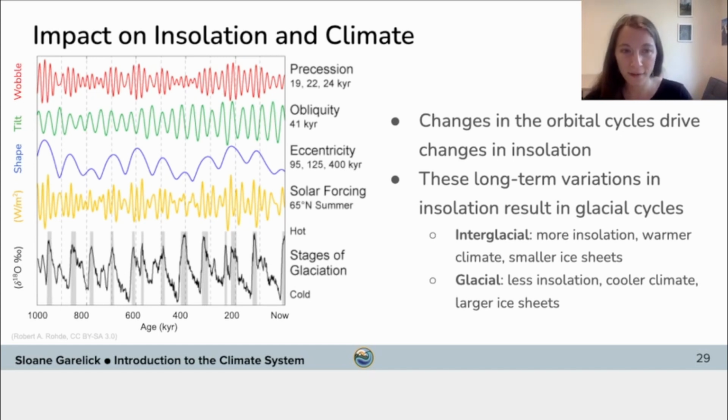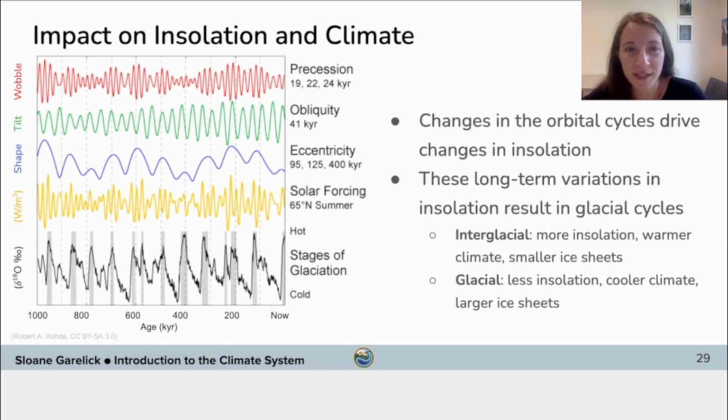The black curve on the bottom is a record of glaciation. The actual data represented by this curve is a measurement known as the delta 18O, or the oxygen isotope ratio. We'll learn more about this later this week, but for now, it's just important to know that this measurement represents changes in temperature, reflecting the differences between glacial and interglacial temperatures.